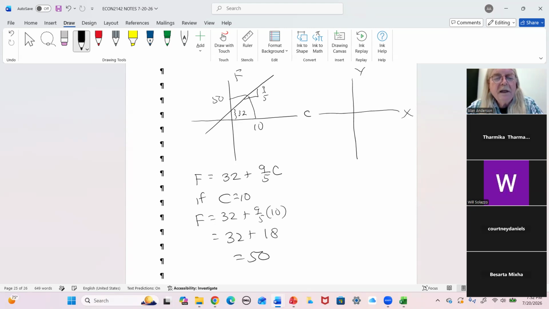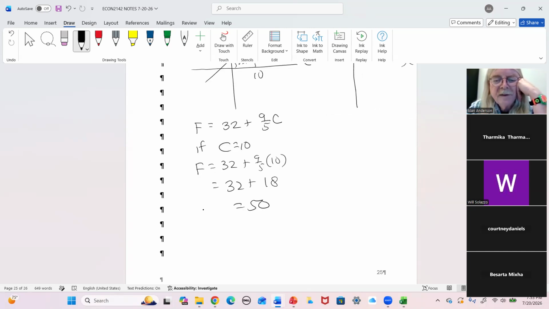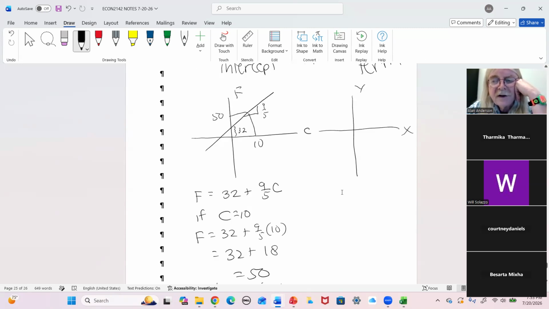Now, here, this is a very precise relationship. We sometimes call this a deterministic relationship, because knowing the temperature in Celsius exactly defines for us the temperature in Fahrenheit.